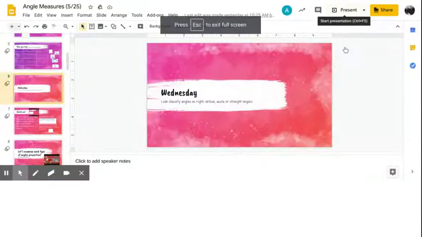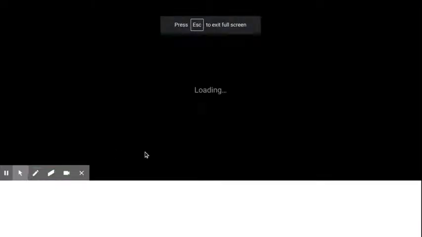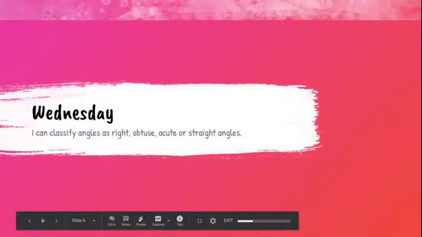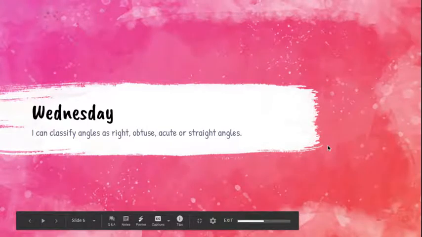Hi, everybody. It's Wednesday, and today we are going to continue learning about angles and the different types of angles that we learned yesterday in our vocabulary lesson.